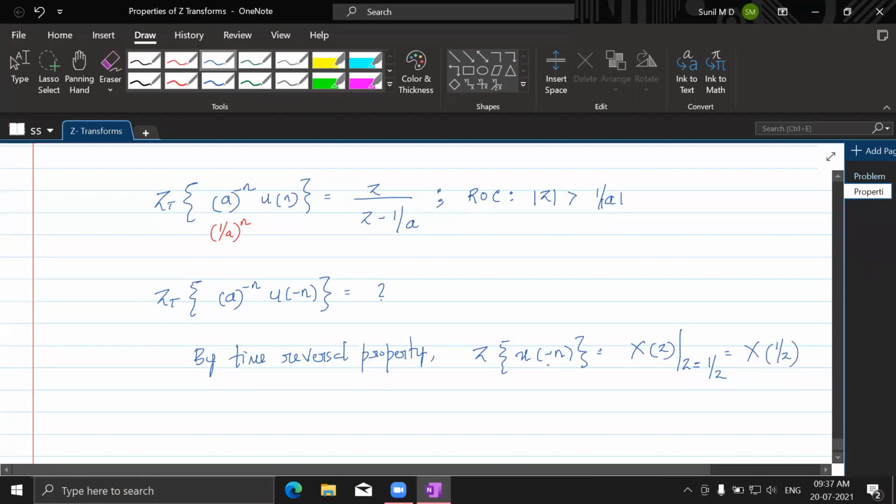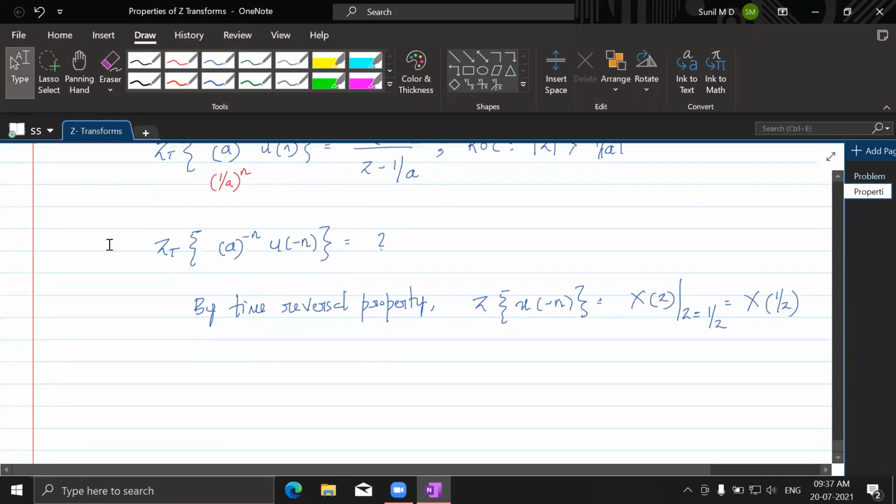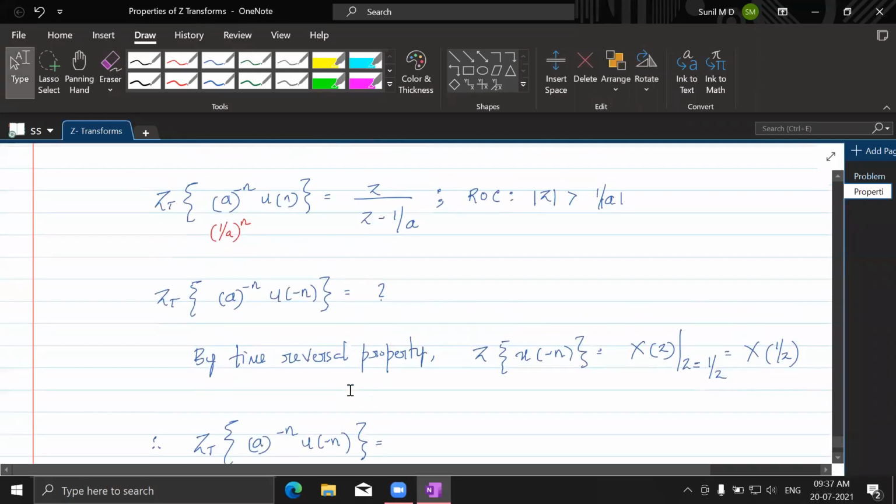So in the Z transform of x of n, z has to be replaced by 1 by z. This is what the time reversal property is. Understand? So therefore, the Z transform of A power minus n u of minus n would be given by, what is the Z transform of A power minus n u of n?